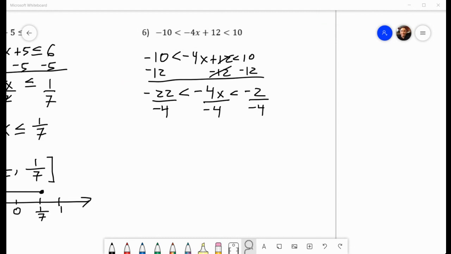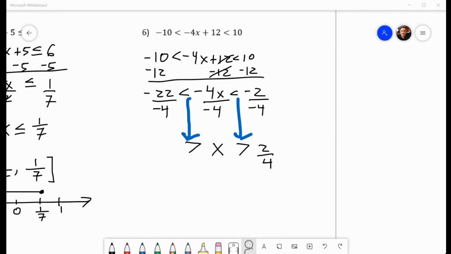So here, what we're going to do now is divide by negative 4, as you can see. Now here we're going to get x. On the right side, we're going to get 2 over 4. But now this inequality symbol turns around, as you can see. Same thing with the other one. And why is that?